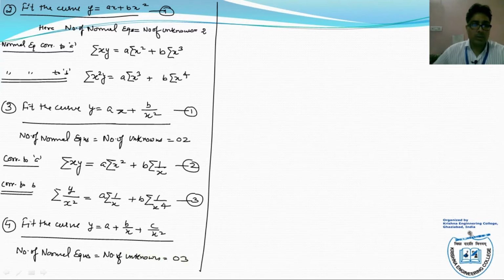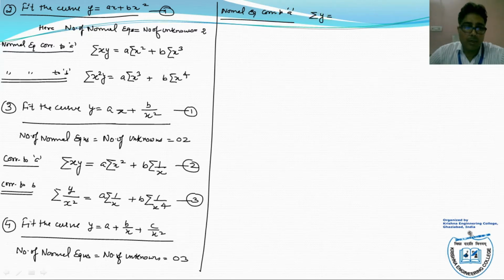Unknowns is equal to 3. Normal equation corresponding to a is sigma y is equal to a n plus b sigma 1 upon x plus c sigma 1 upon x square.